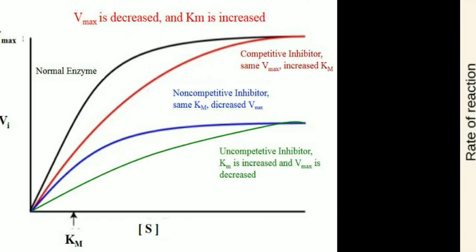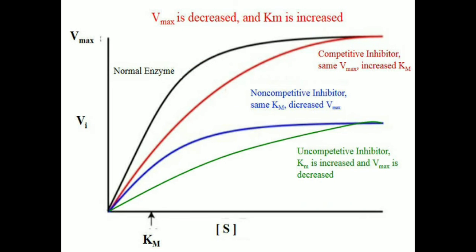Now we will go to this graph. Here inhibition happens. Sometimes an enzyme gets inhibited by some foreign particle, molecule or element. This inhibition could be of three types: competitive inhibition, non-competitive inhibition, and uncompetitive inhibition. First of all, competitive inhibition.